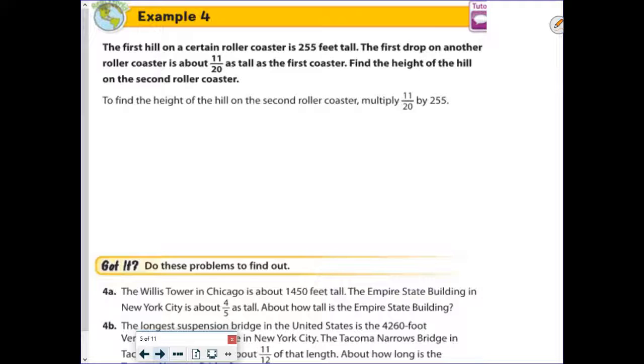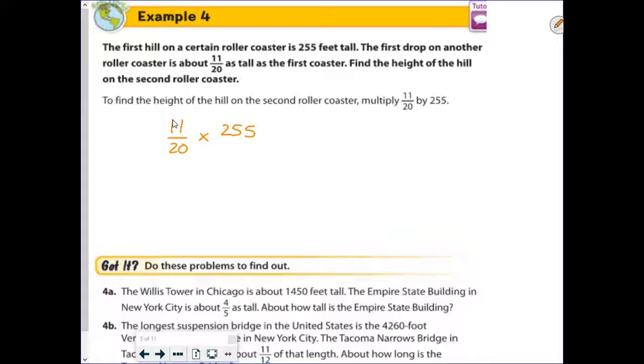Find the height of the hill on the second roller coaster. To find the height of the hill on the second roller coaster, multiply 11/20 by 255.